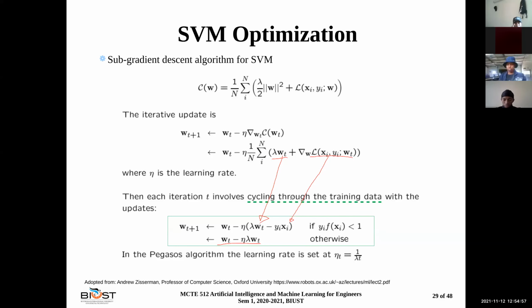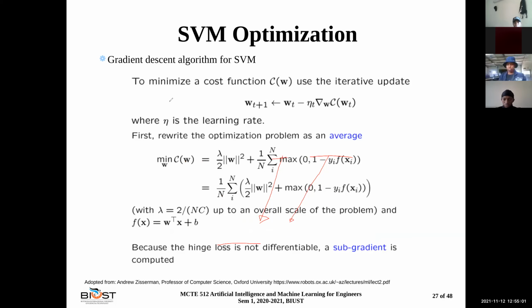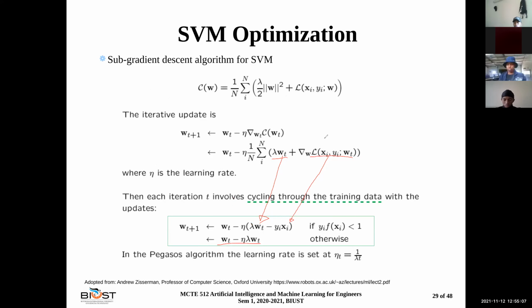Now with all these analyses, we have two approaches in terms of updating your weight W. If there is a misclassification, you correct that with this function yi times xi.